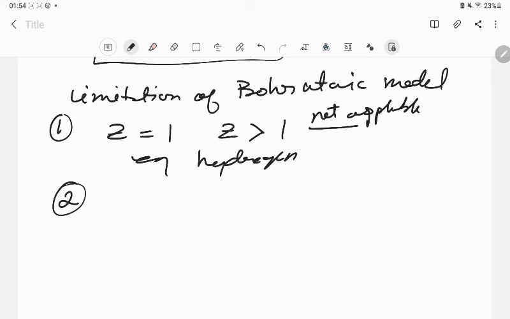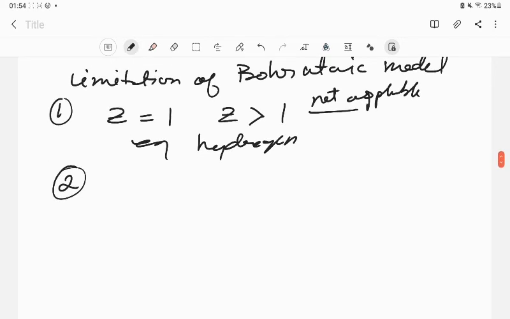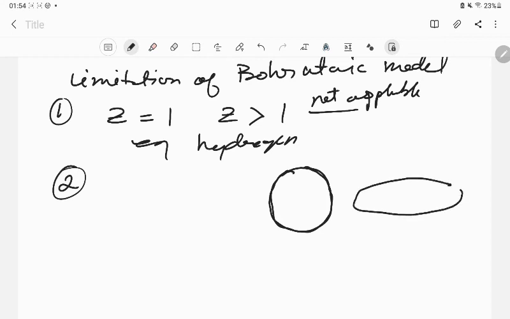The second limitation is that using this model, it cannot explain why electrons are revolving in circular orbits. There are many possibilities, right? It can revolve like this also, but according to Bohr, the electrons are revolving like this.